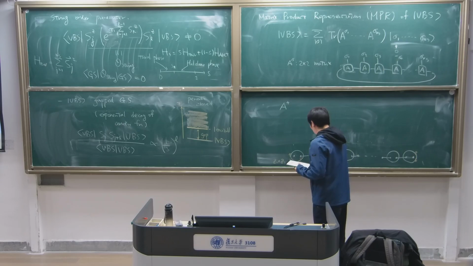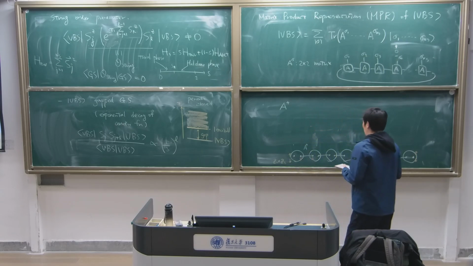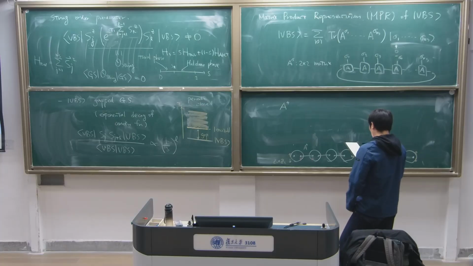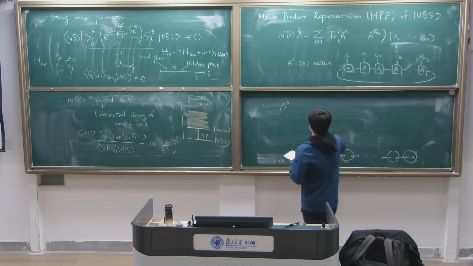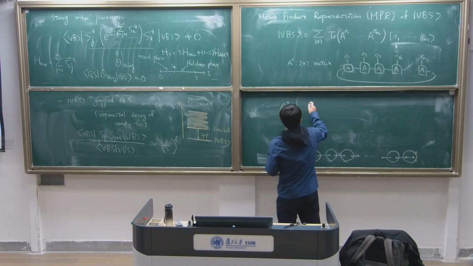So here you have the A1, and then we're going to try to do it for... sorry, so this should be 0, 0, 0.